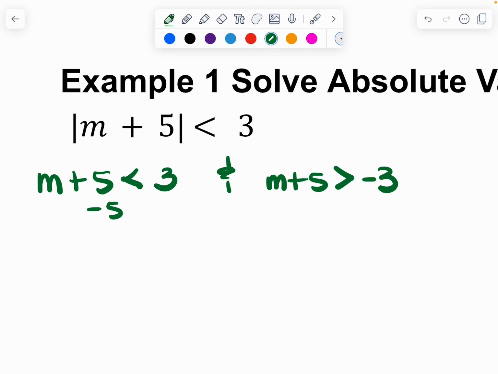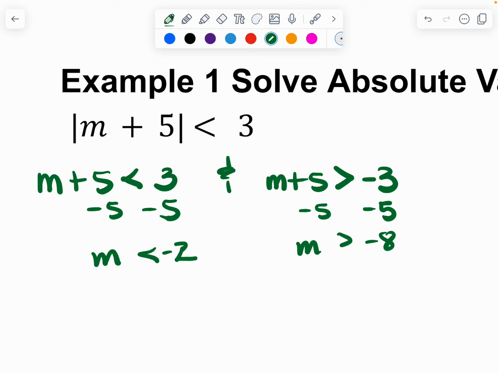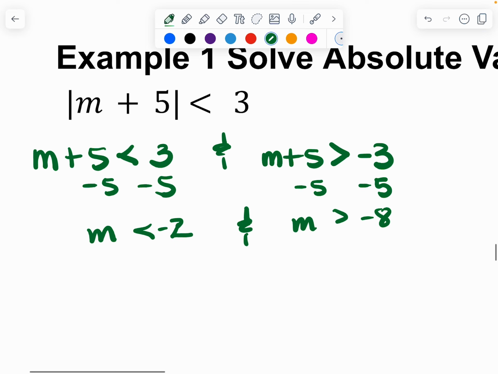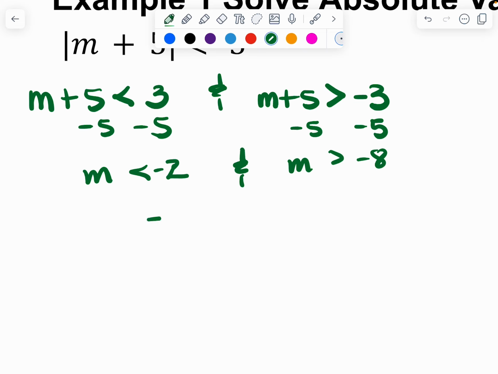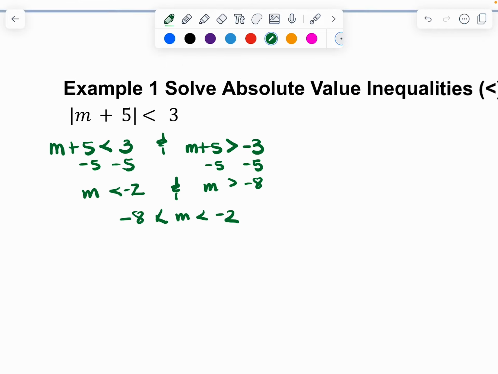And solve. M is less than, oops, I almost wrote the wrong number, negative 2. M is greater than negative 8. Make sure you have your "and" in between, or you can write it as negative 8 is less than m, which is less than negative 2. Okay?